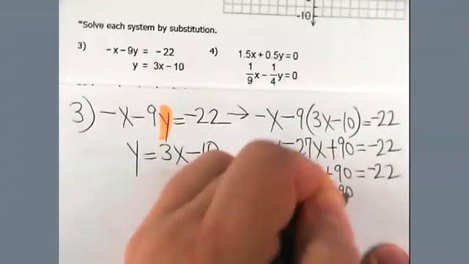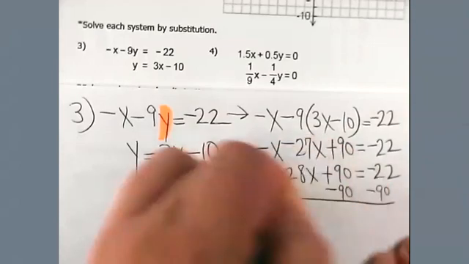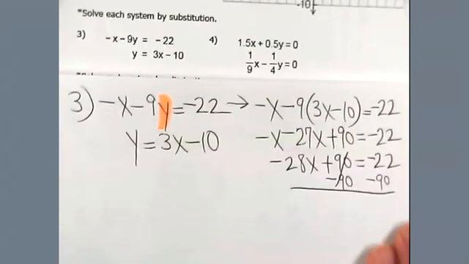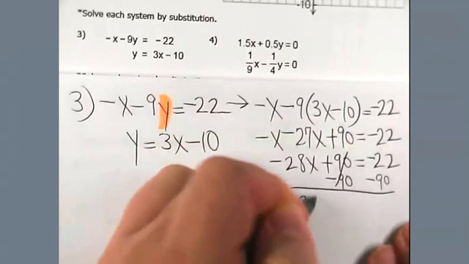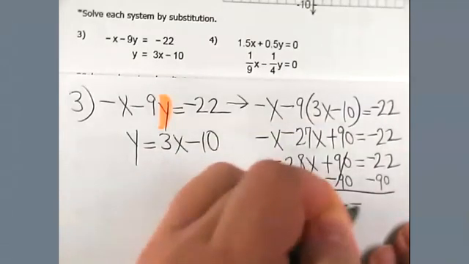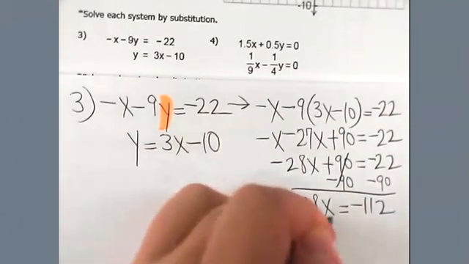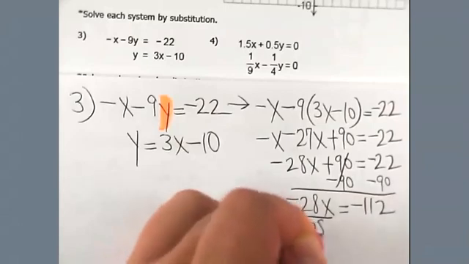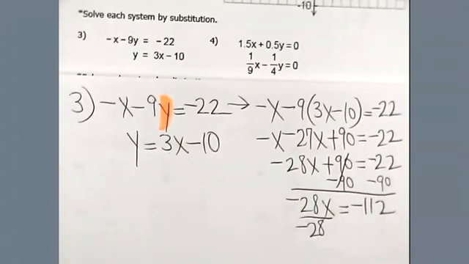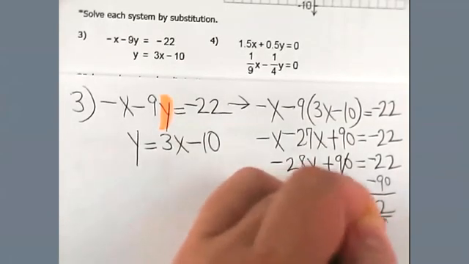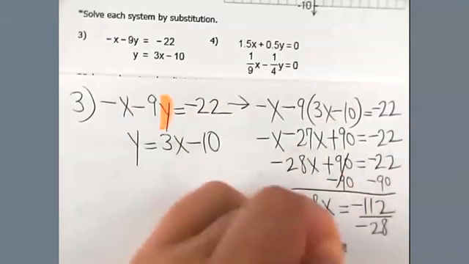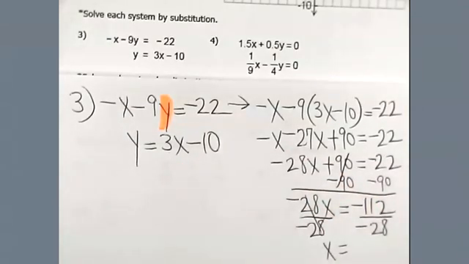So subtract 90 from both sides. And that gives us negative 28x equal to negative 112. The last step, divide both sides by negative 28. So part of our answer is x equal to positive 4.